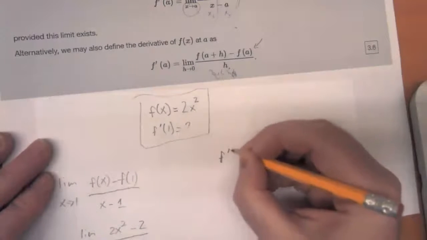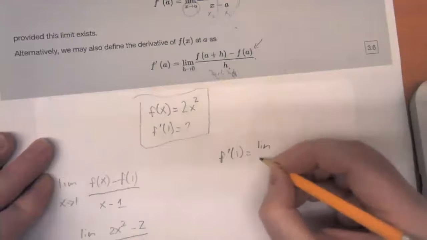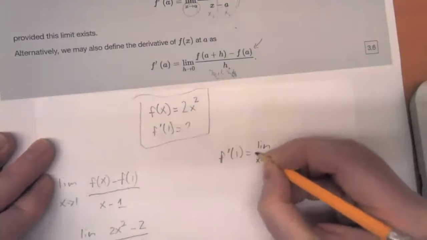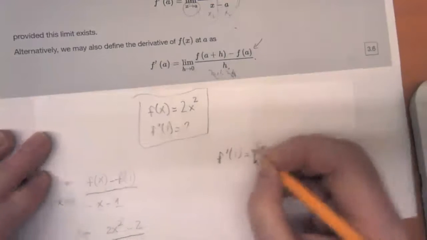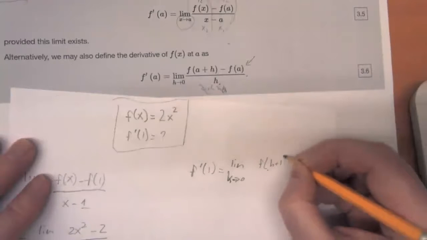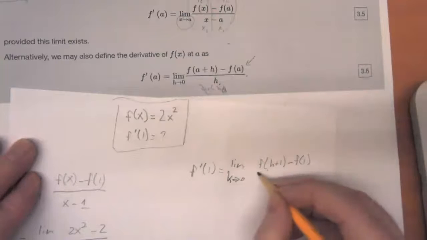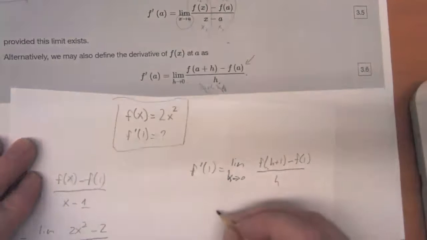So f prime of 1 is equal to the limit as h approaches 0 of f of h plus 1 minus f of 1 over h.